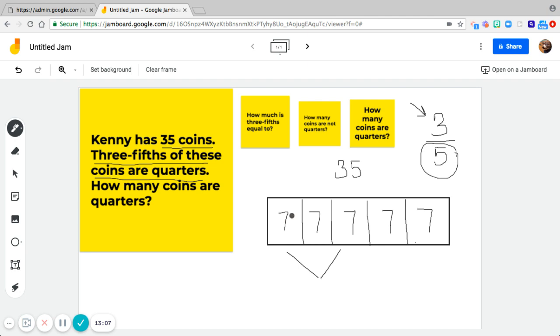So if I have 7 coins in each of these fifths, 3 of these fifths together is going to give me 21, which means there are 21 quarters that Kenny has. So out of the 35 coins, 21 of those coins are quarters.